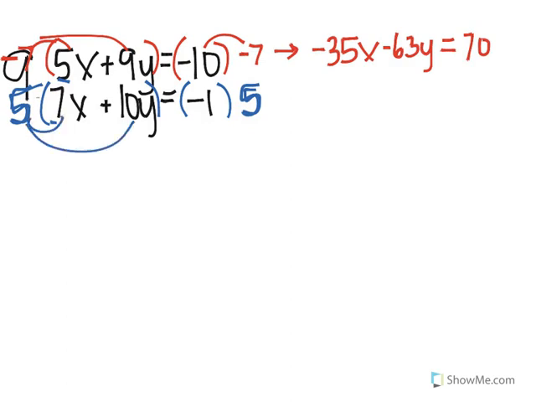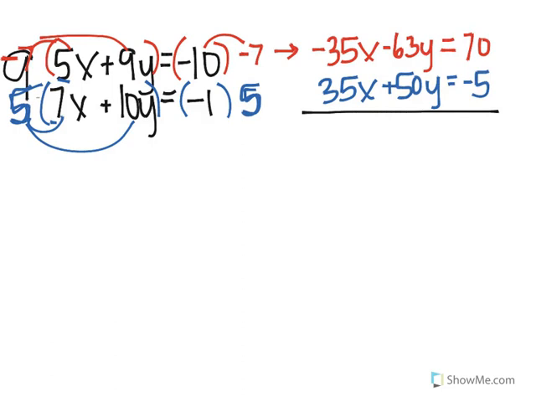And then when I distribute my 5 to that second equation, I end up with 35x plus 50y equals -5. And then I'll just go ahead and combine this like normal. So 35 minus 35 is 0. I end up with -13y equals 65. And that 65 is positive here.